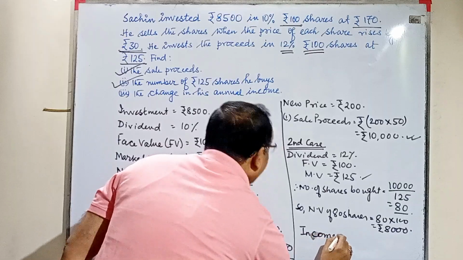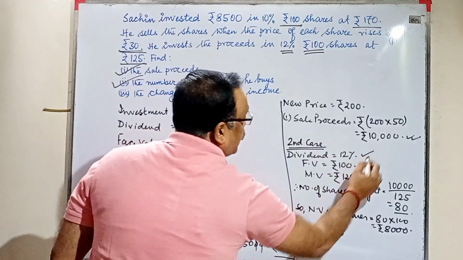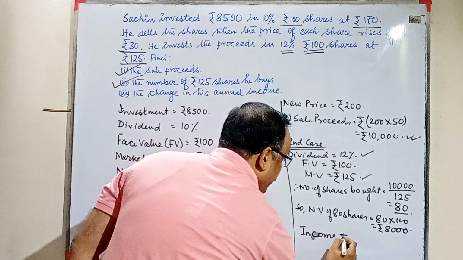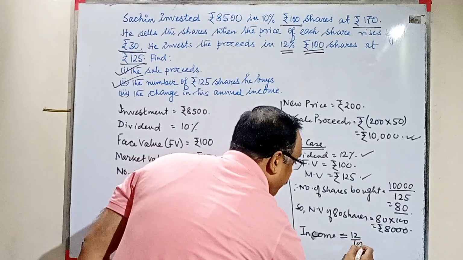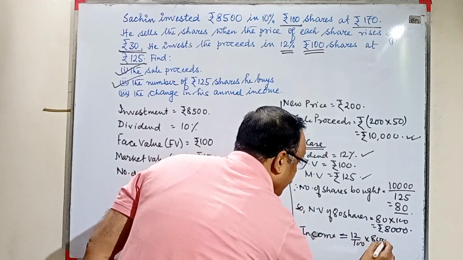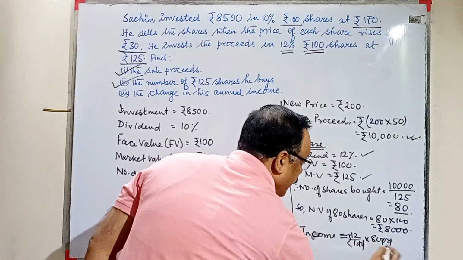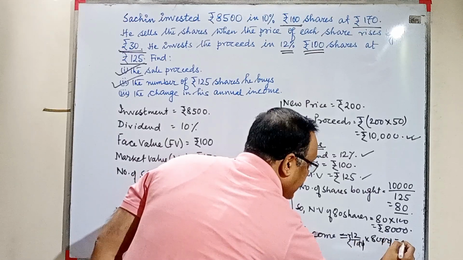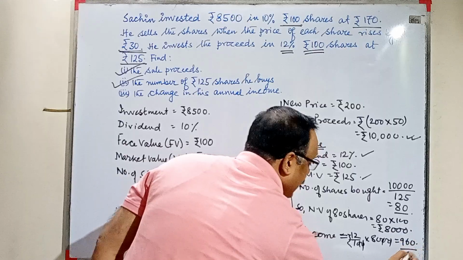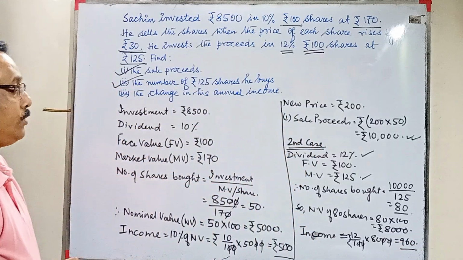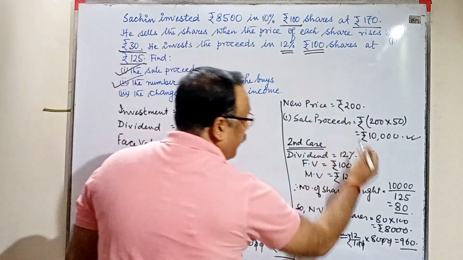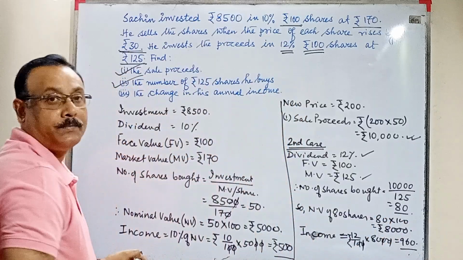Dividend rate is 12%. So 12% of 8,000 rupees. 8, 12, 96, 960. So 960 is the new income from this particular share.